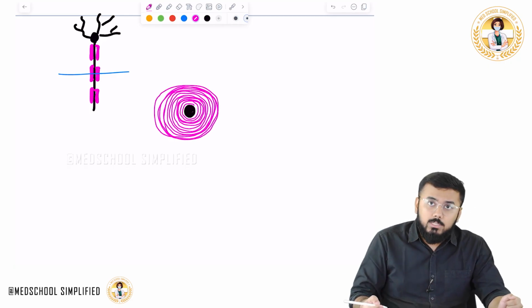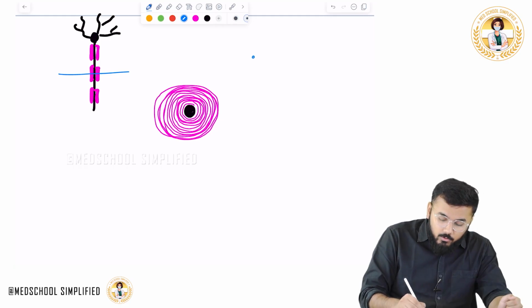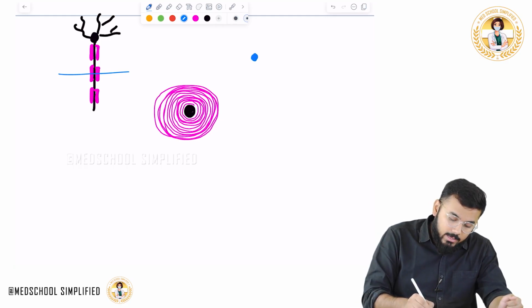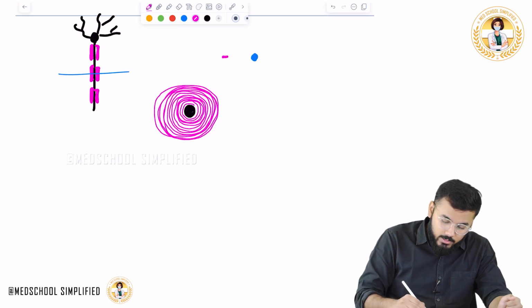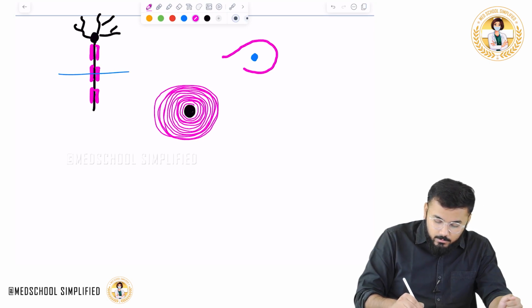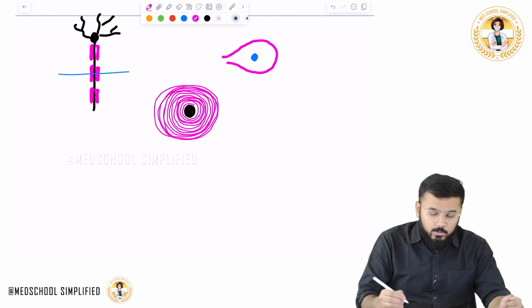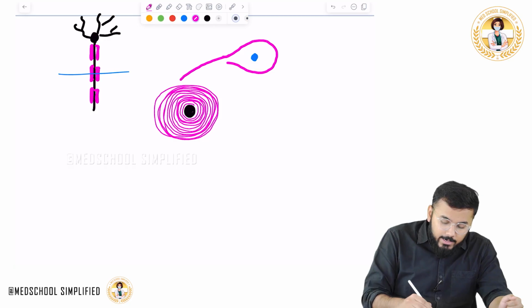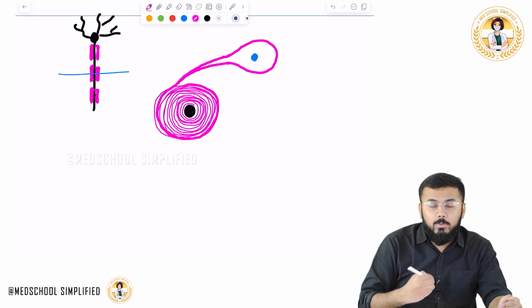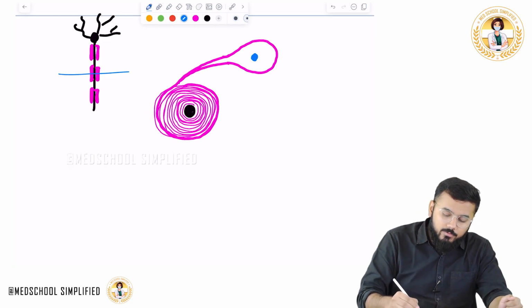And who is producing this myelin? Here you have a very important cell. This is the nucleus of that cell, and this is the cell that is located over here. You see the cell here? This cell over here is called an oligodendrocyte. And this oligodendrocyte will join with this and slowly start forming myelin like this. You see, the oligodendrocyte is forming myelin. So, what is the name of this cell?